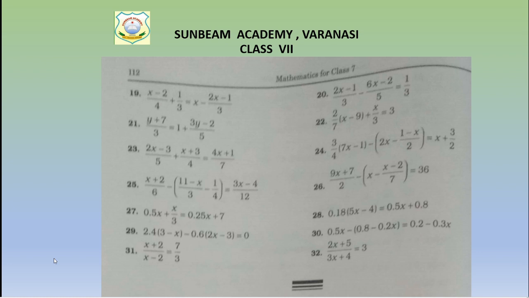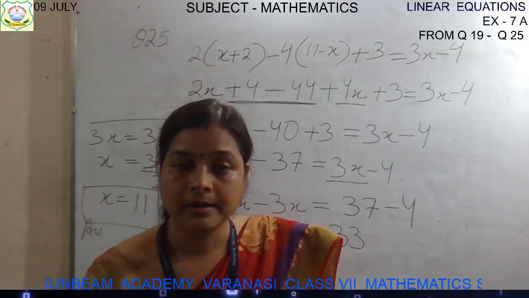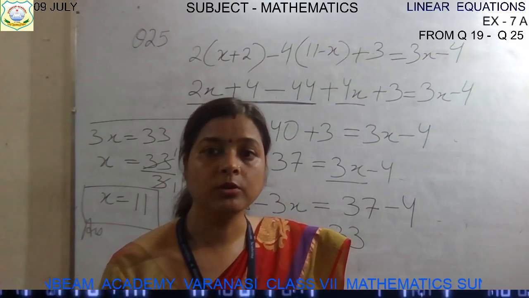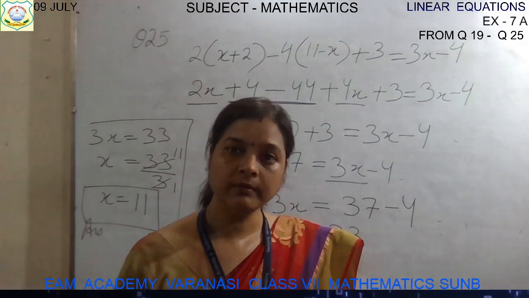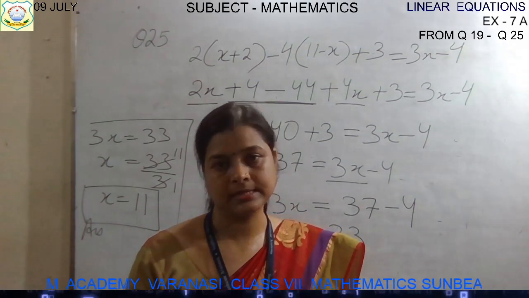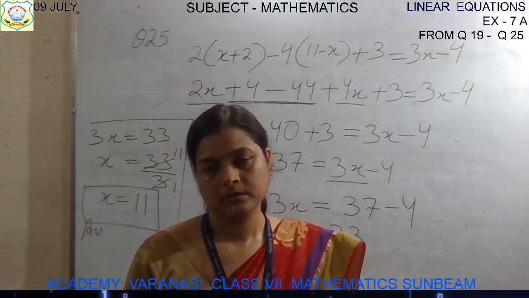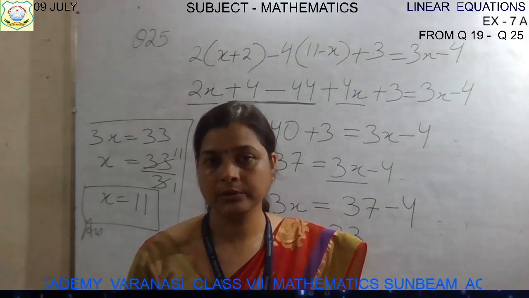It is a little bit lengthy, but when you solve it step by step, you will feel that these questions are very easy. Am I clear? In tomorrow's class, we will solve a few more questions from this exercise.